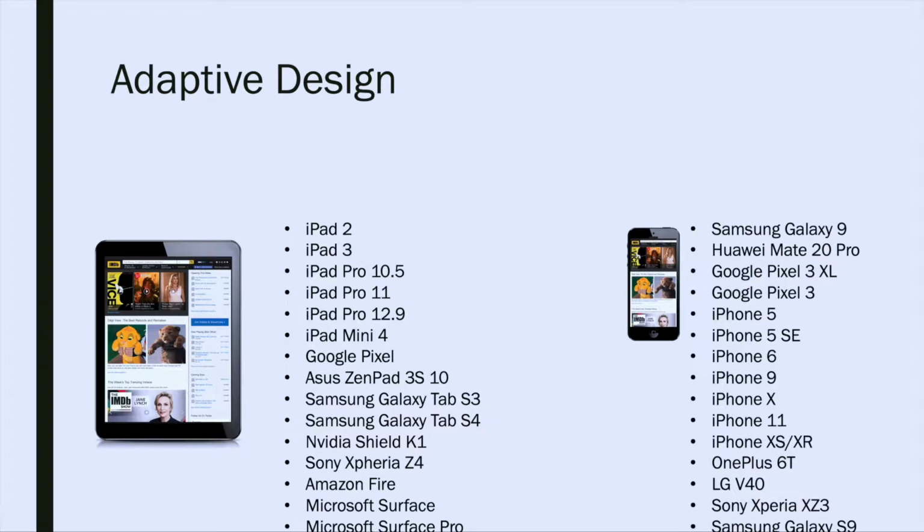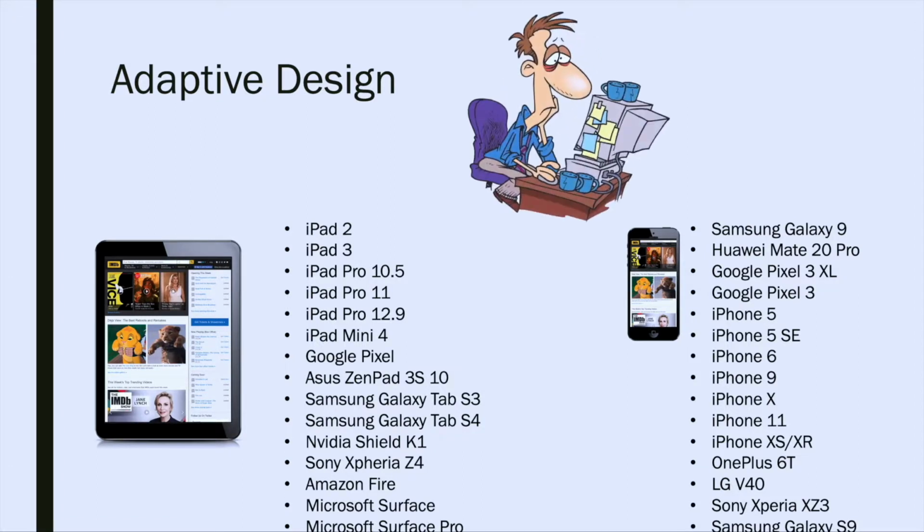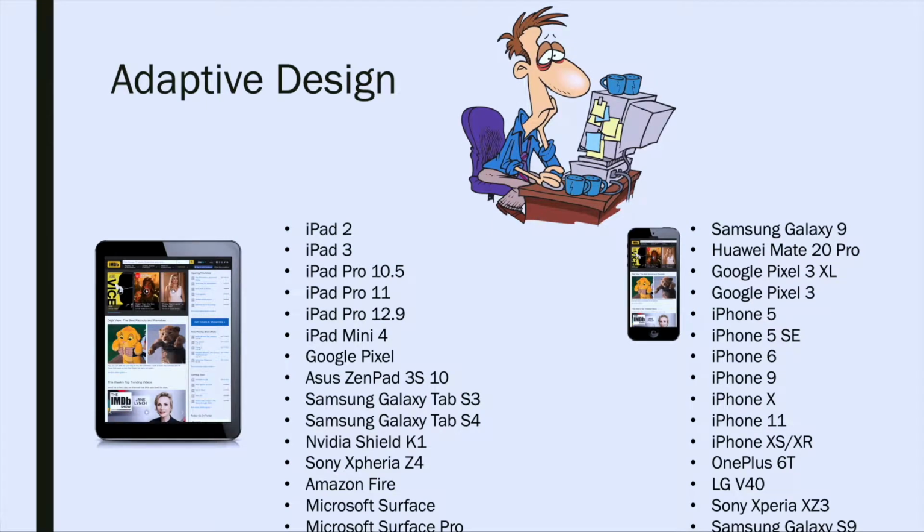Once you get into the different sizes, you're dealing with a lot of different resolutions, a lot of different display techniques, and different display aspects, and whether or not the phone is in portrait or landscape mode, same with the tablet, it gets very, very confusing. And if you are creating adaptive design, you can get very tired very fast because you are literally creating a design for every single environment, including the ones that haven't even been invented yet.